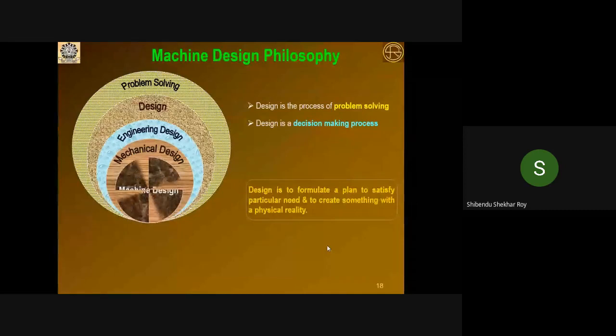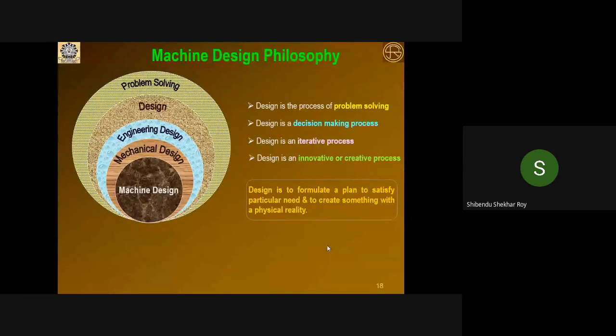Machine design is a subset of mechanical design, and design is the process of problem solving. It is a decision making process. You have to take decisions based on some law of physics or some other engineering judgment.